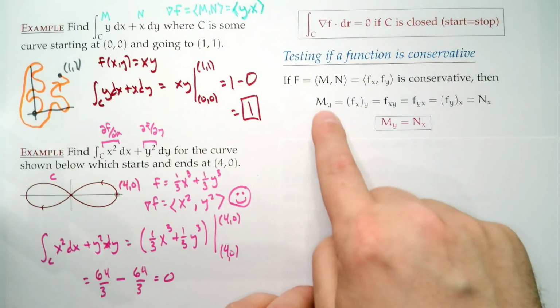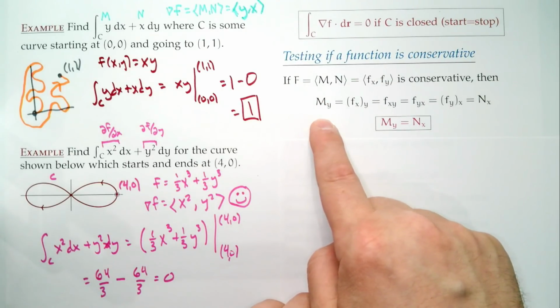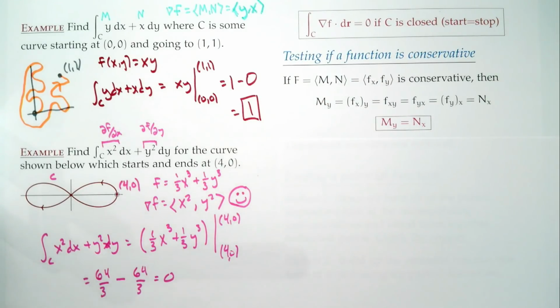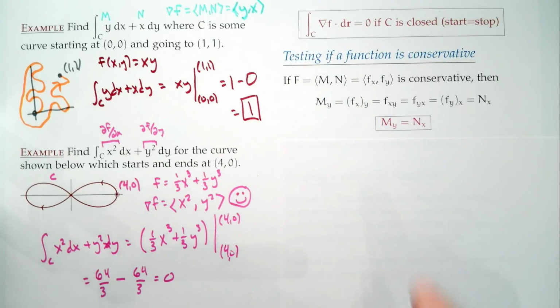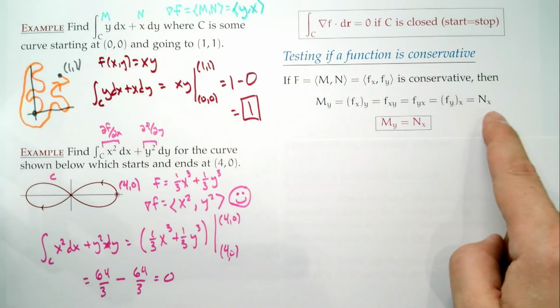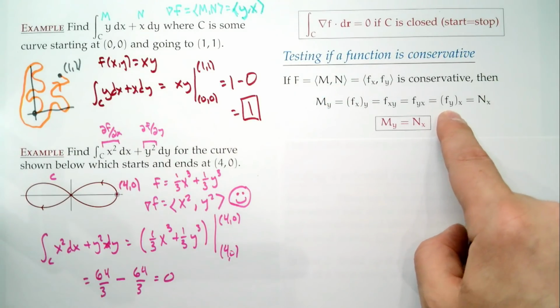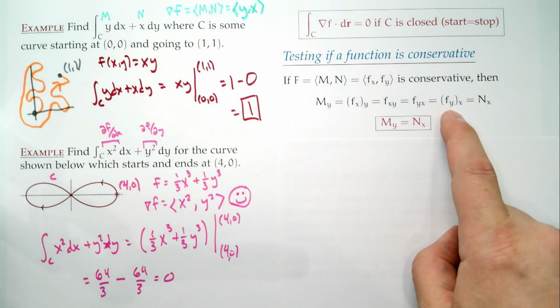So we're going to take the first entry, take the derivative of that with respect to y. And if you do that, it's a derivative of a derivative, which means it's a second derivative. It's f, then with derivative with respect to x, and then y. Go to your second entry. Okay, now I'm going to take the derivative of that with respect to x. Well, so that's derivative of f with respect to y, then derivative of that with respect to x.